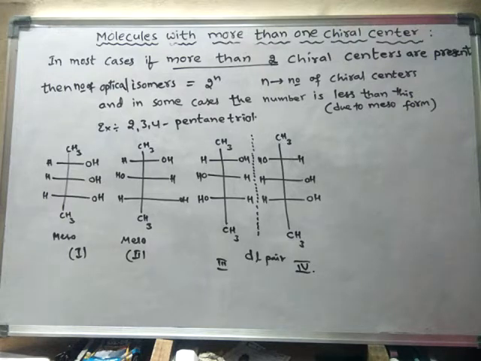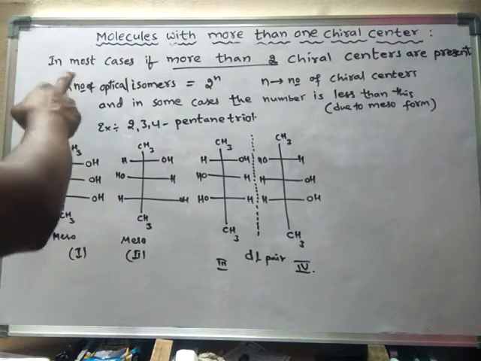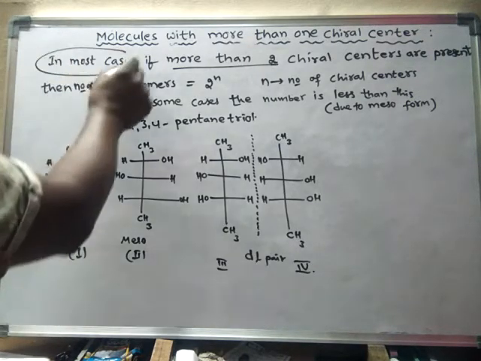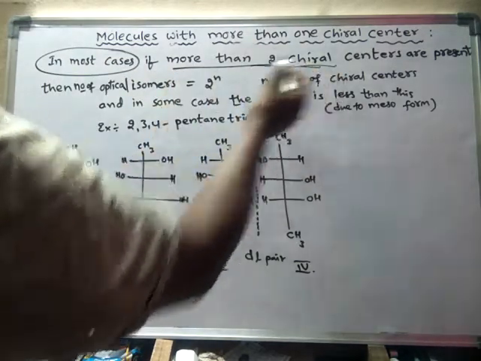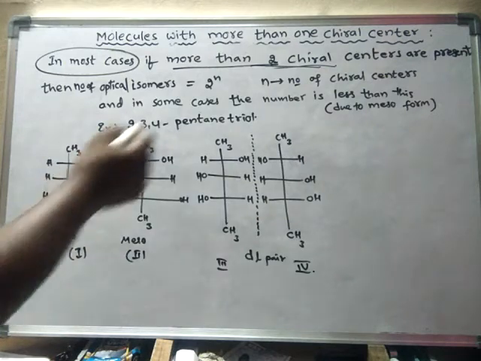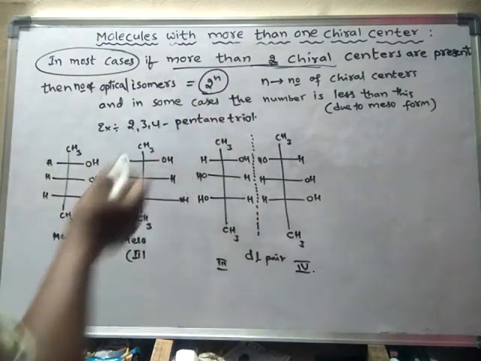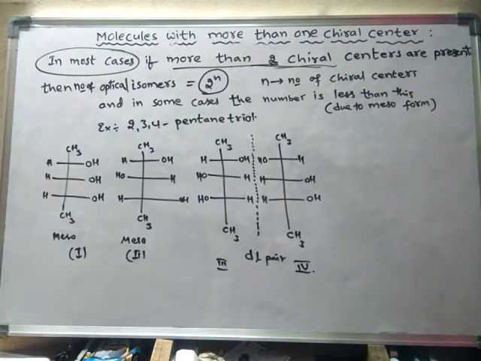So in most cases, if a compound has more than 2 chiral centers, we calculate the number of optical isomers by the formula 2 to the power of n, where n is the number of chiral centers.